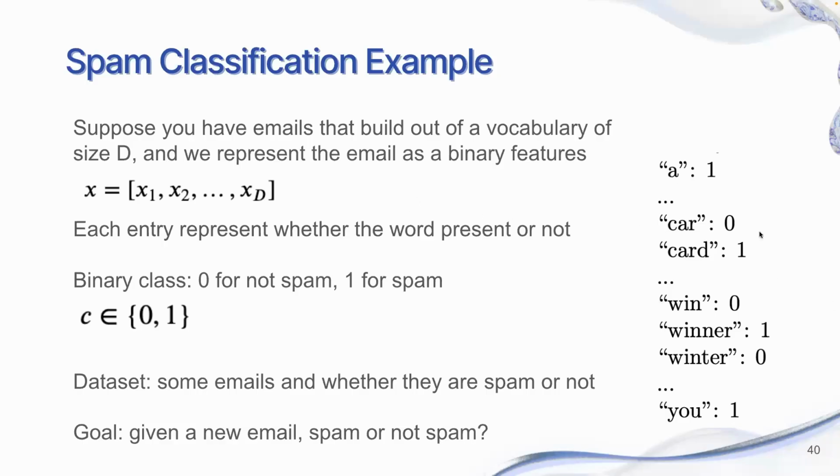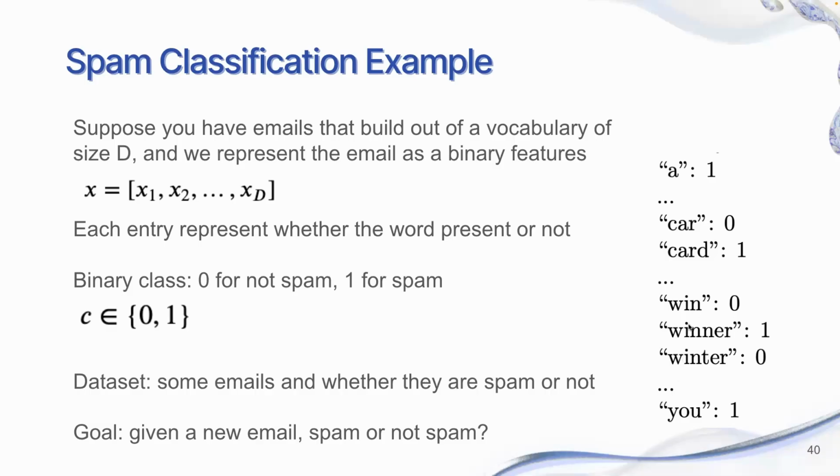Let's say you have an email that uses the word "then", you just put 1 there. And if the email doesn't contain the word "car", you put a 0, right? And if it has the word "car", you put a 1. So this is your feature vector X, right? And then you can construct a feature vector for each email. Does this make sense?